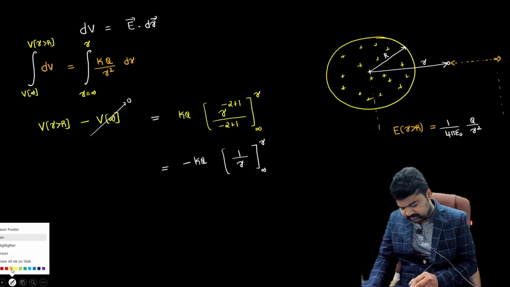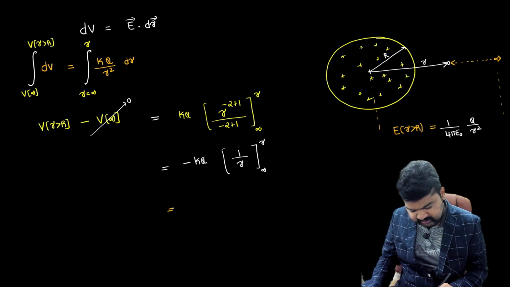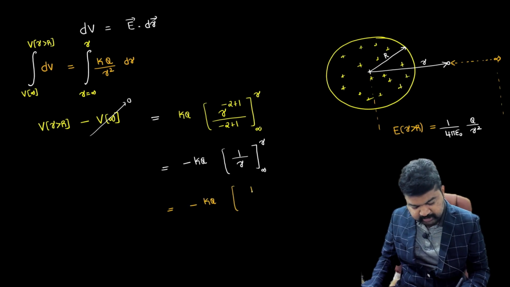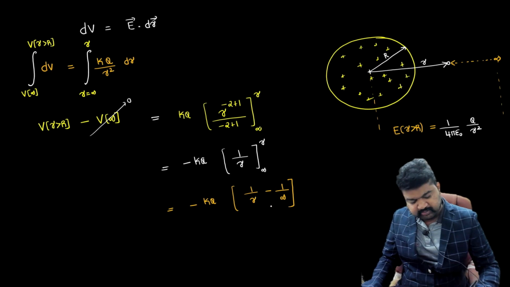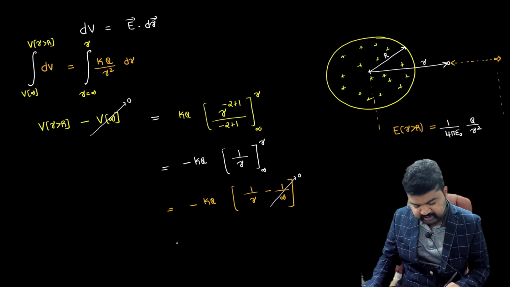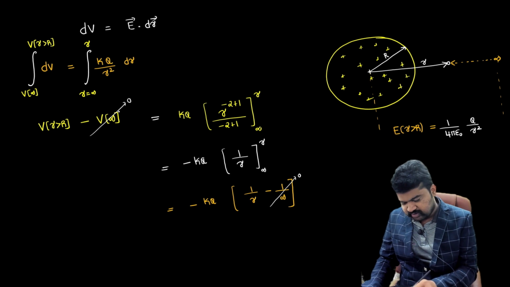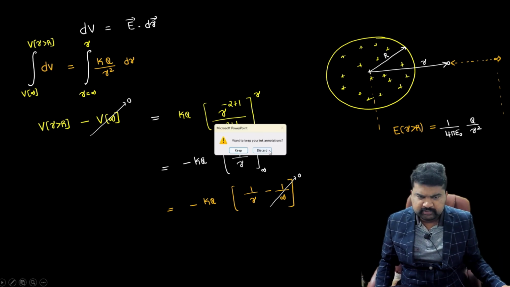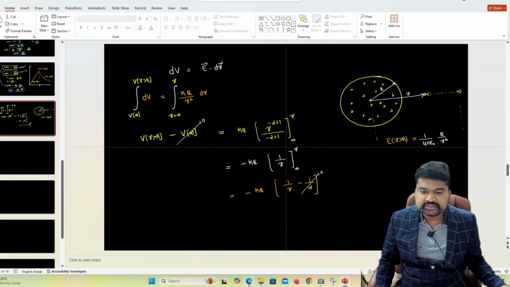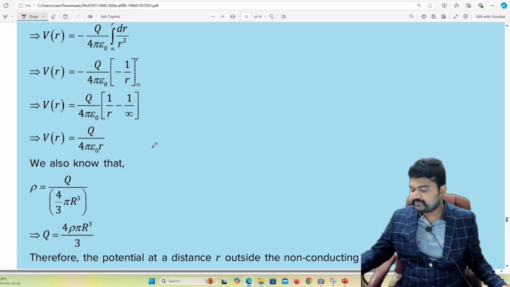So this is minus KQ times 1 by r minus 1 by infinity. Then 1 by infinity equals how much? 0. Now just have a look at this.